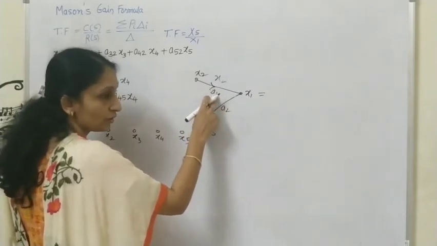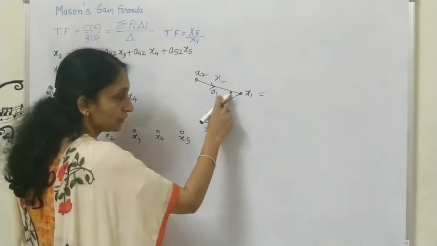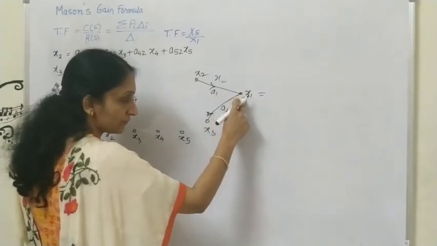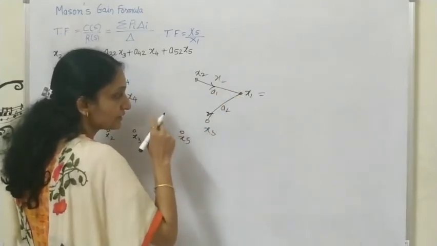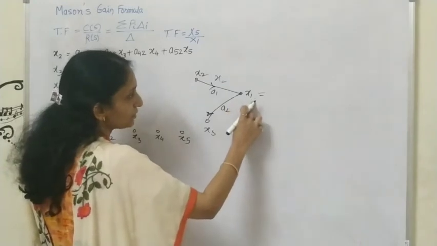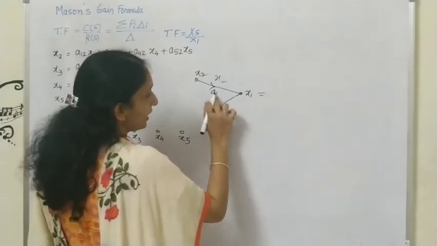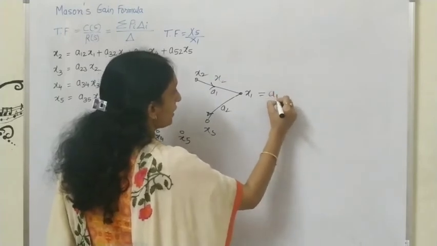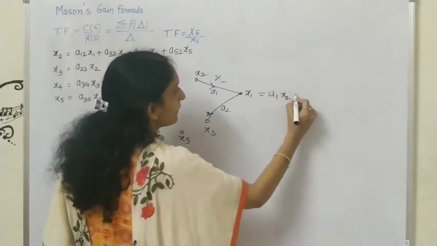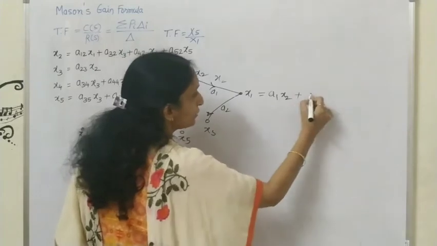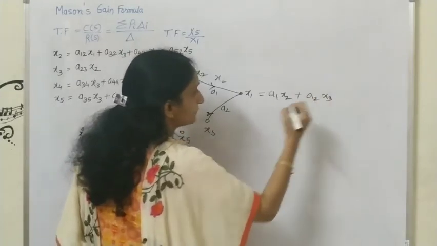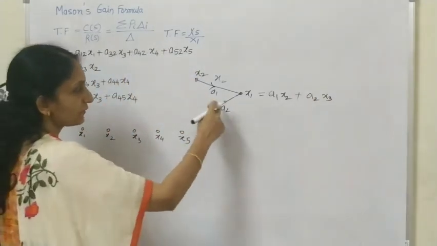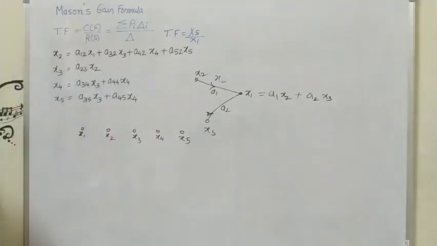The signal is always traveling from input to output. So for node x1, 2 signals are coming. You will write gain into input, that is a1 x2 plus a2 x3.